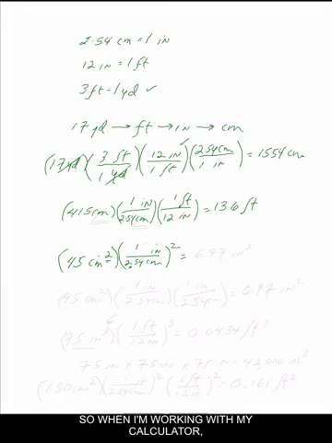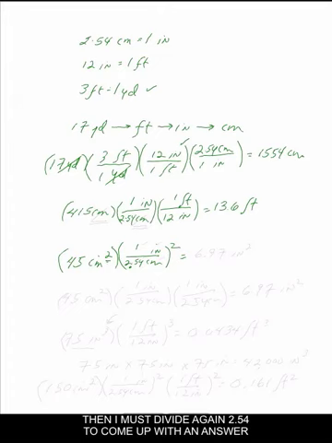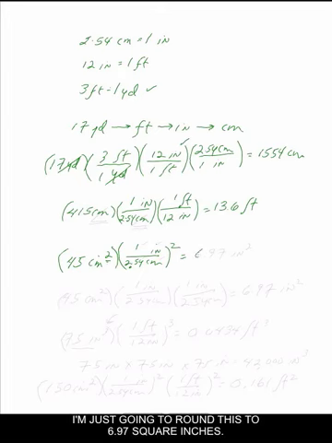So when I'm working with my calculator, I'm going to enter 45 and I'm going to divide 2.54. Then I must divide again 2.54 to come up with an answer that reads 6.97. I'm just going to round this to 6.97 square inches.